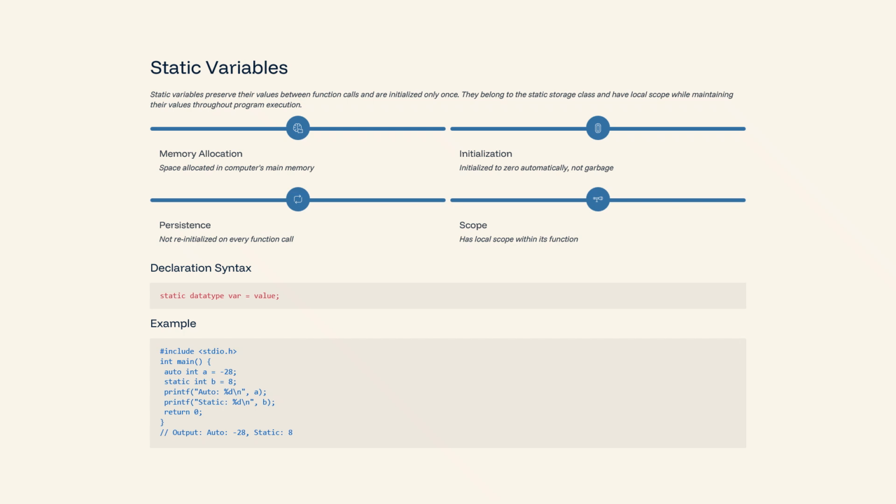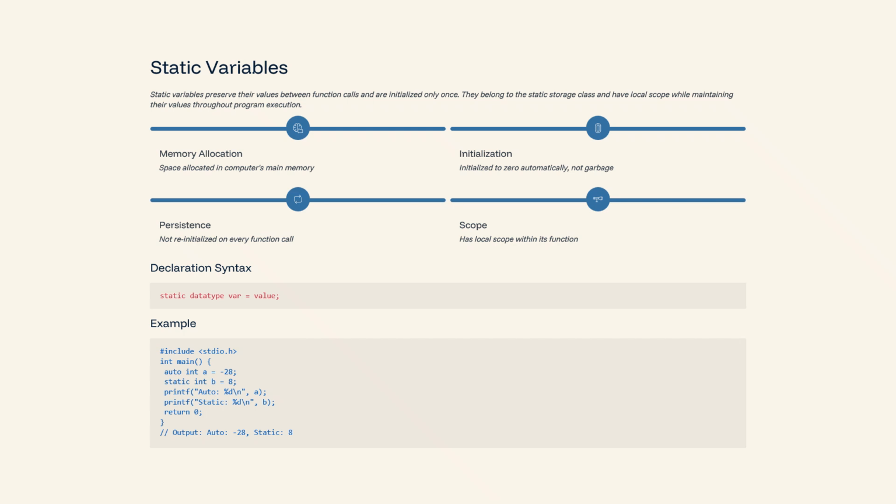Let us summarize today's lecture. We have discussed C tokens, which are the smallest individual units of a program, such as keywords, identifiers, constants, and operators. We have seen variables and where they are stored in memory.